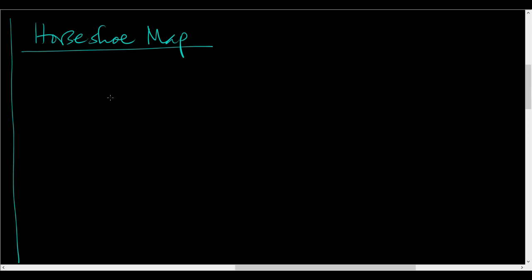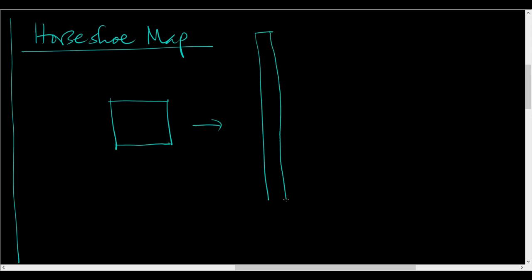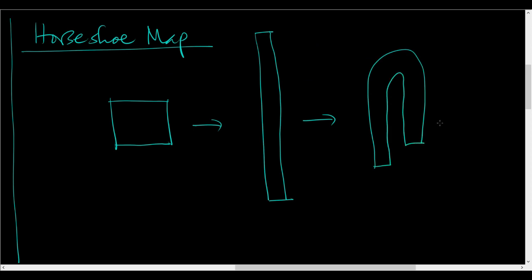You take a square, and you stretch the square so that it is tall and narrow, and then you bend it like this, and you put it back on the original square, like here, and you retain the parts that are inside the square and discard the parts that are outside.